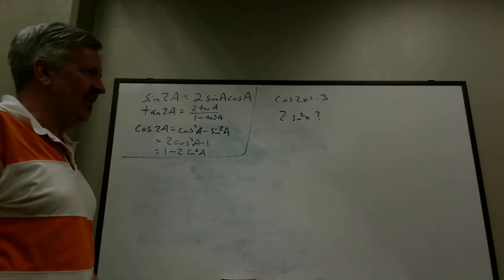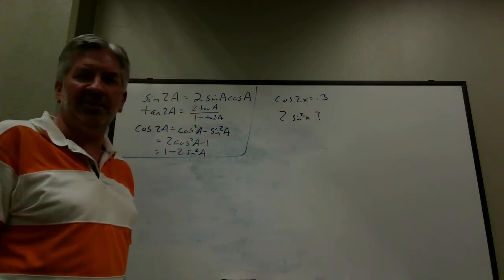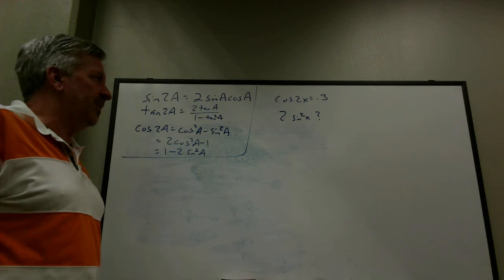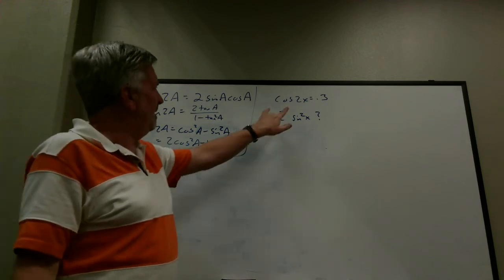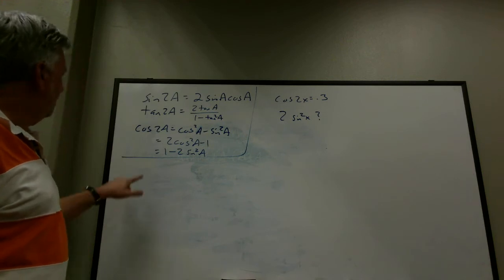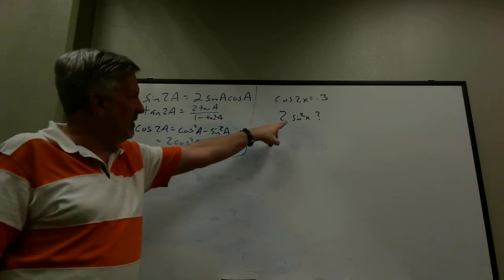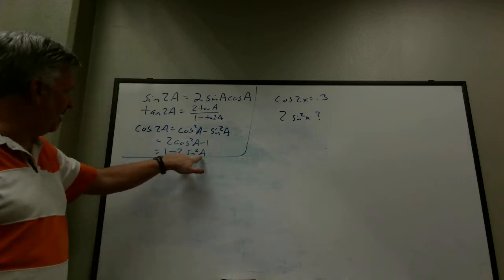Well, obviously, if they give you this value and they want to know this value, there must be a relationship between them. Okay? Now, do we have something relating cosine 2x and 2 sine squared x? Well, here's cosine 2a, and notice that this expression is part of this.